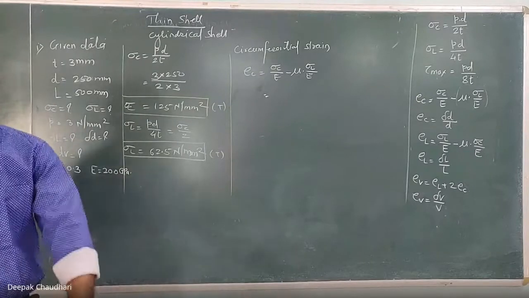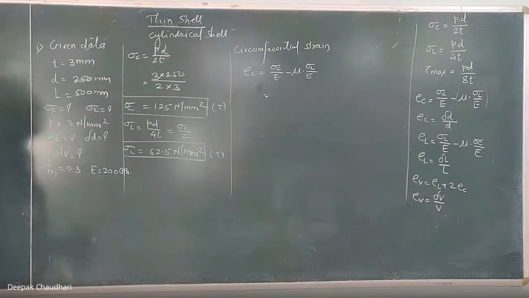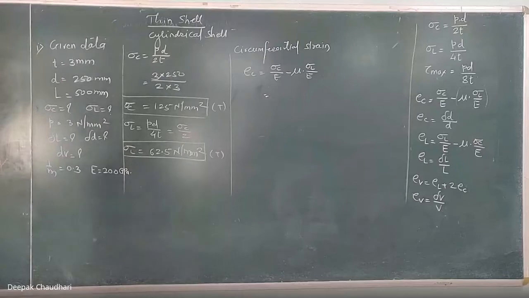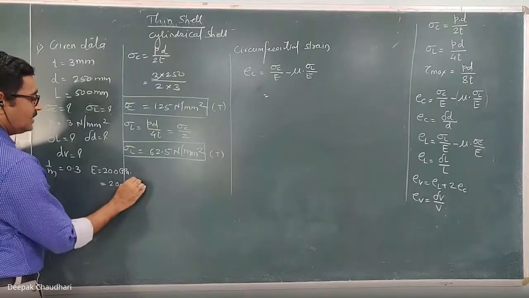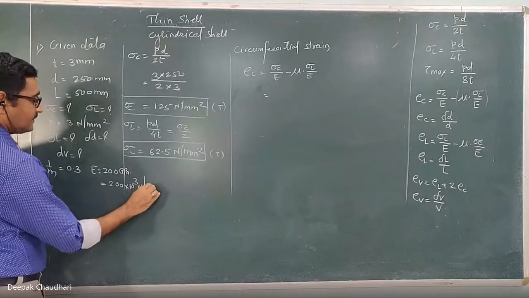All our units are in Newton and millimeter, so let's convert it into Newton per millimeter square. So 200 GPa means 200 into 10 raised to 3 Newton per millimeter square.